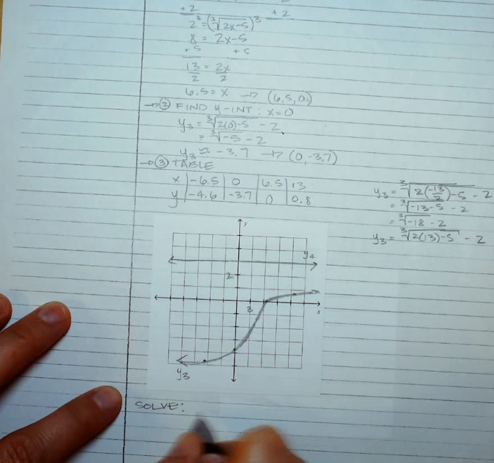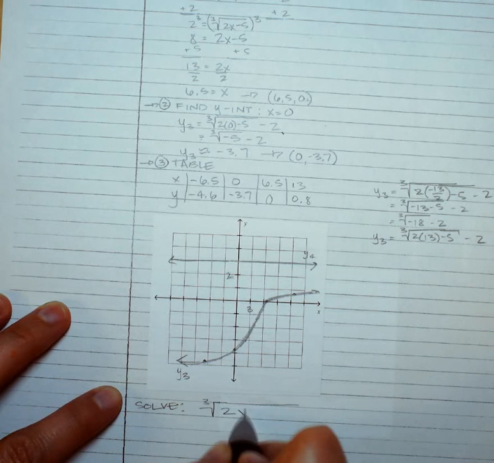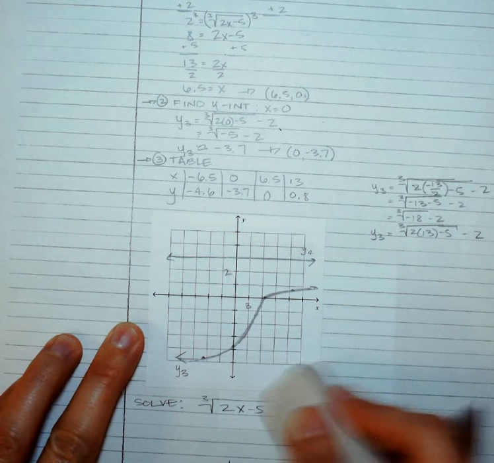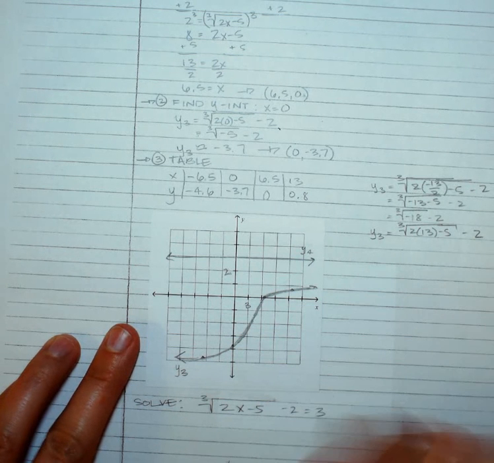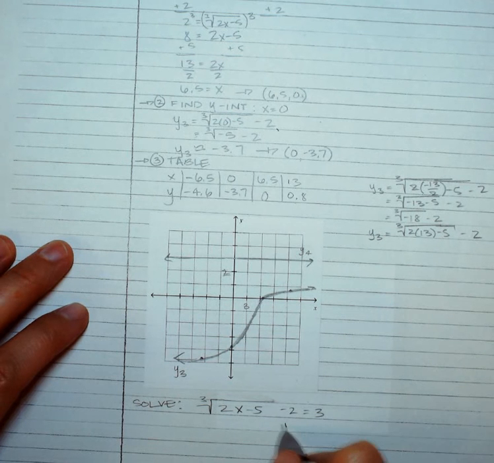So we have the cube root of 2x minus 5, and this doesn't actually extend forever like I'm drawing it, minus 2 equals 3. So my first step, I want to isolate the radical. I'm going to add 2 to both sides.